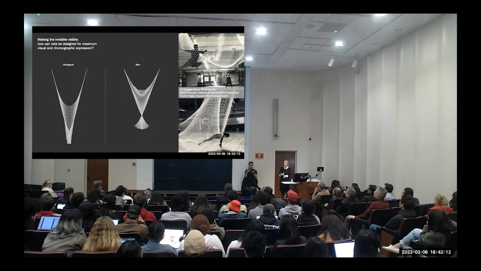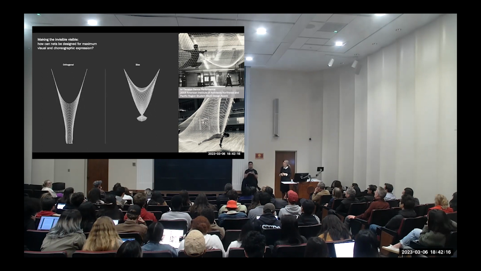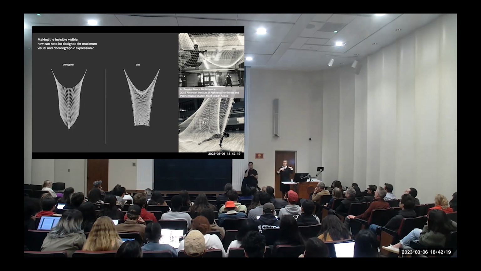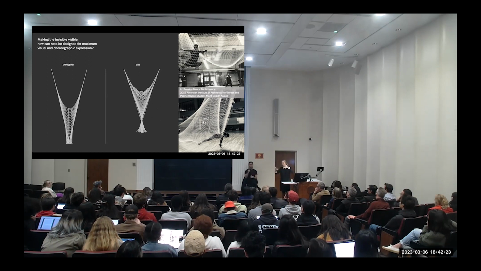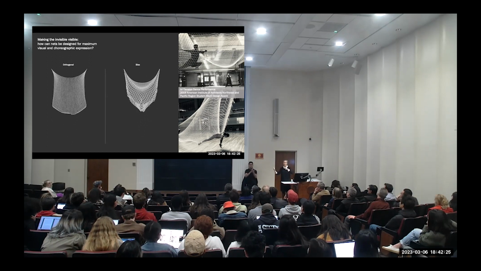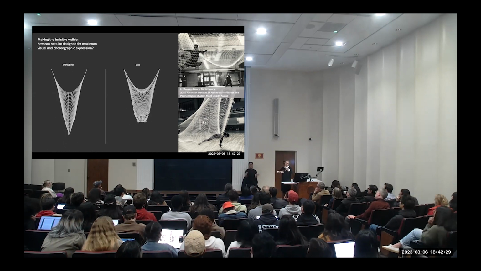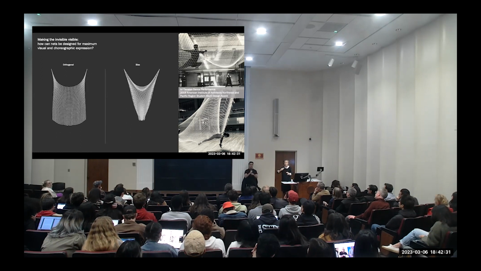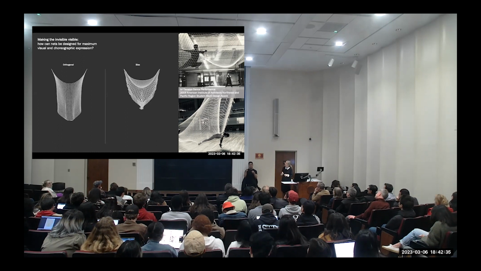Now, because of my expertise in nets and the modeling of nets, I was approached by a choreographer called Rebecca Lazier and a visual artist called Jonathan Eckelman. The two of them had started a collaboration to see how they could make a choreographic piece where the net becomes like a dancer. So here, the requirements for the nets are to be as expressive as possible, so that the dancers can have control over the stiffness of the net.